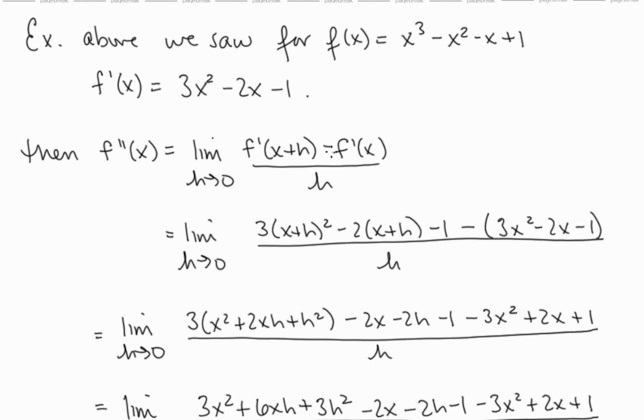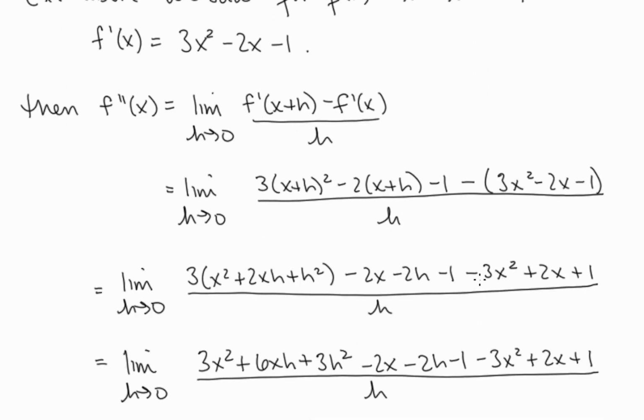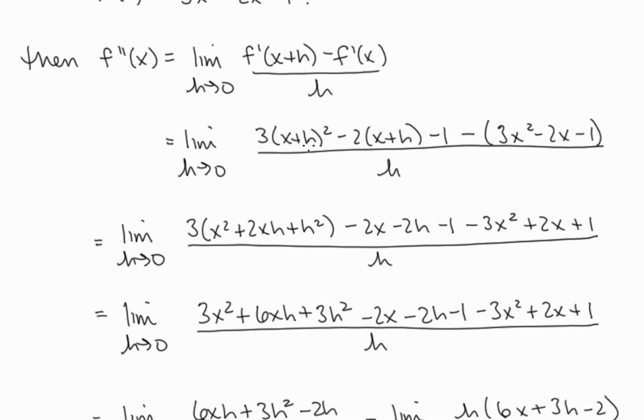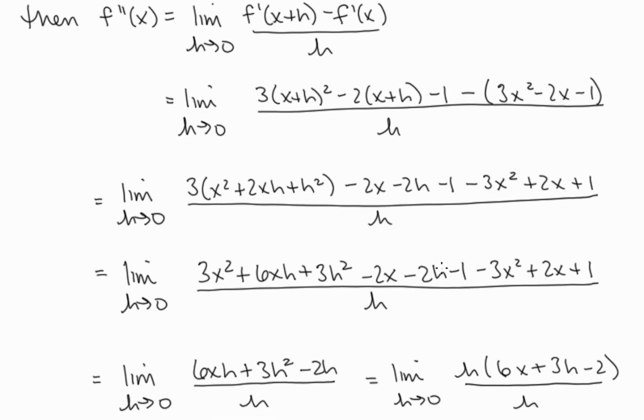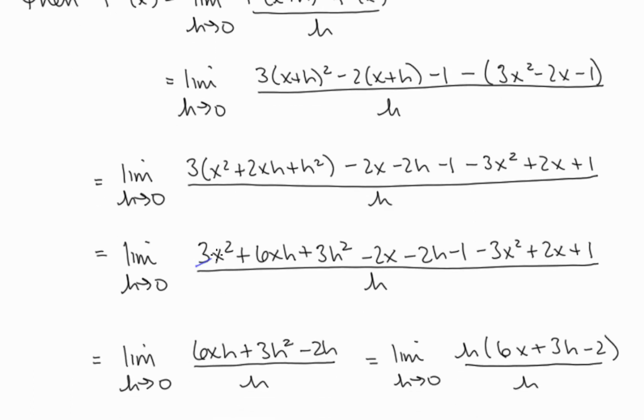And then we can subtract off f prime. Don't forget to use parentheses. We can expand our (x plus h) squared and multiply through that 3. Also multiply through this negative 2 and this negative here. And so here we can cancel 3x squared and negative 3x squared, negative 2x plus 2x, negative 1, positive 1.